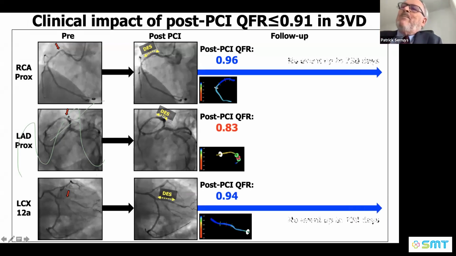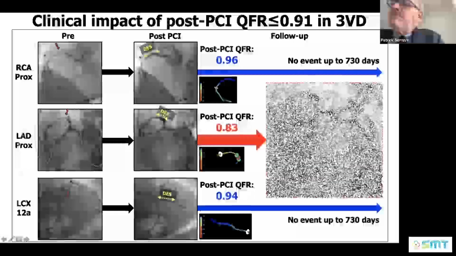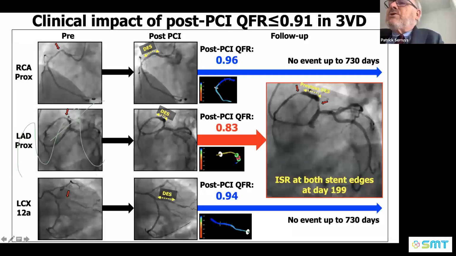The right stayed okay, no event up to 730 days. The same for the circumflex, but the LAD next developed a restenosis, and you could see it's really an edge problem with a proximal narrowing, proximal to the stent, and a distal one.